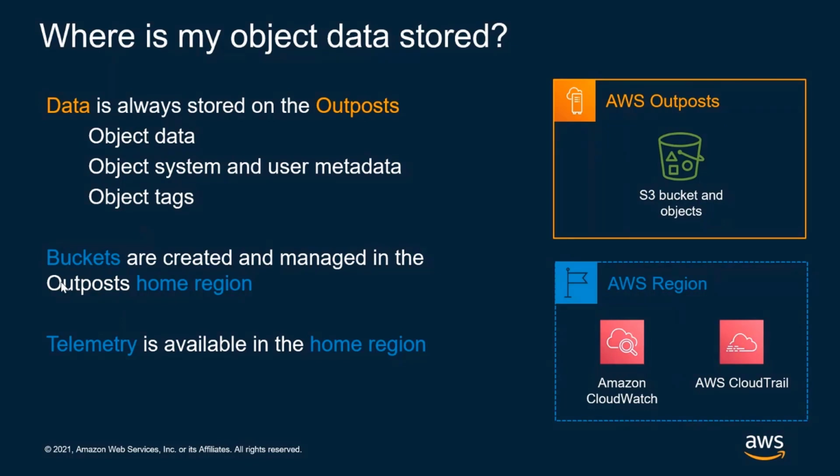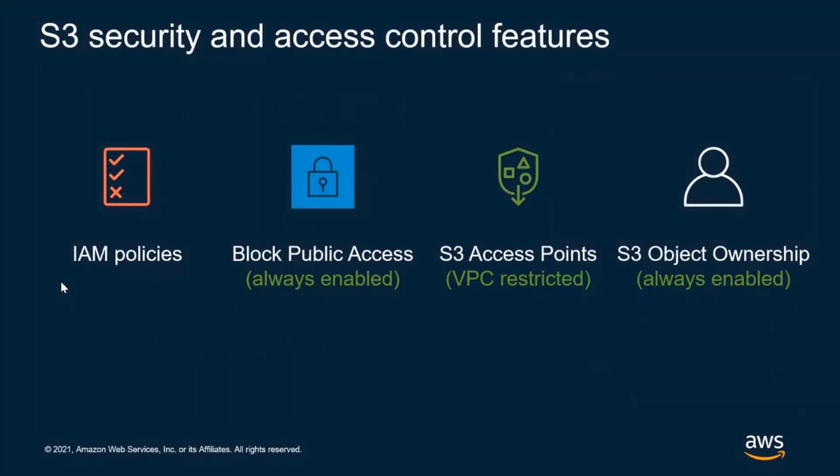And telemetry from those storage buckets is available in the home region through CloudWatch, but ultimately the data stays on Outpost. S3 on Outpost utilizes the same security and access control features as S3 in a region. So if you're used to securing S3 in an AWS region, the same capabilities apply to Outpost.